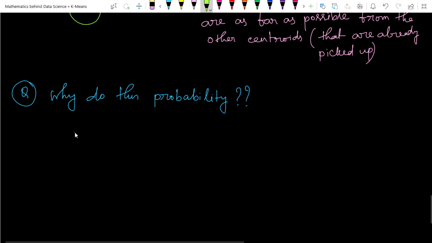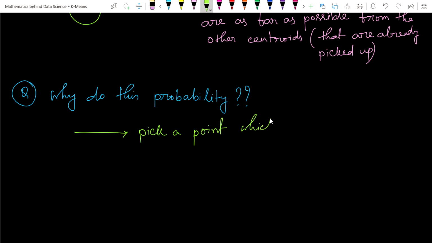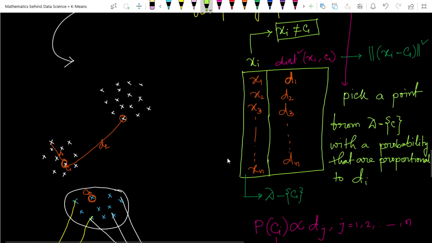We can do it by simply picking the point which has the highest value of this distance. D square means distance square. I've used the symbol dist square.